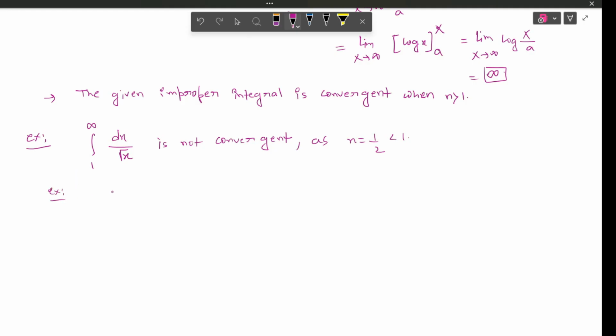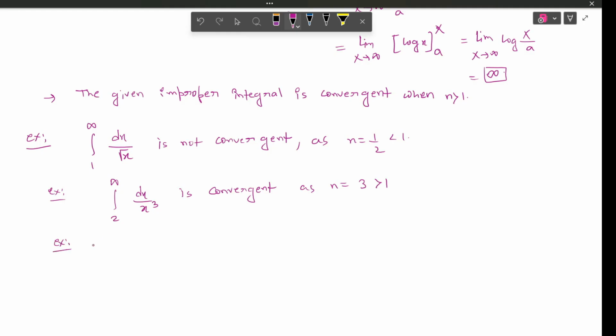Let's take another example. Integration from 2 to infinity of dx by x cube. If you take this example, it is of the first type, dx by x to the power n, where n is 3. So n is greater than 1, so that means it is convergent, as n equals 3, which is greater than 1.